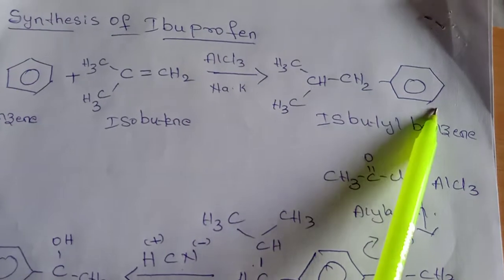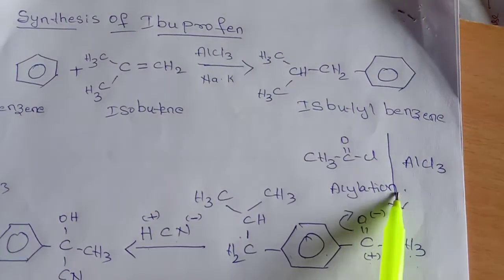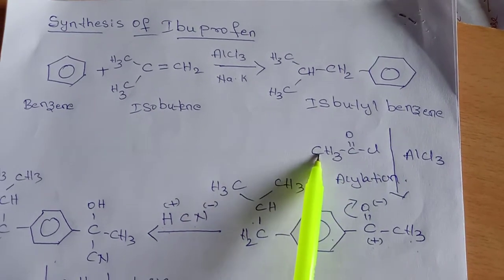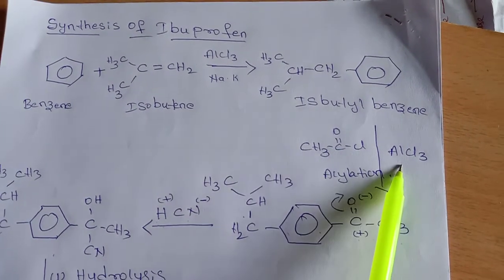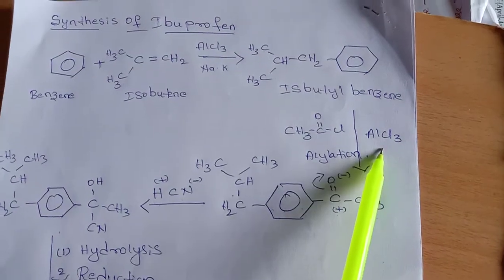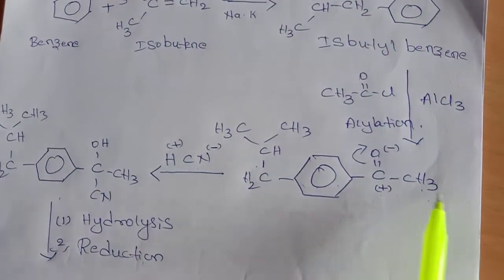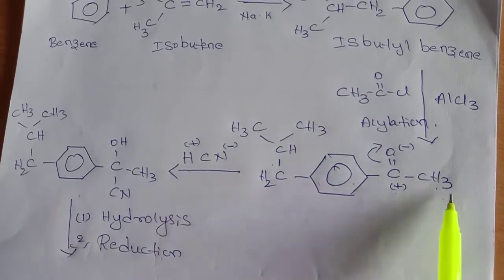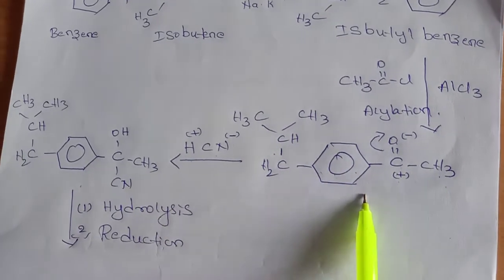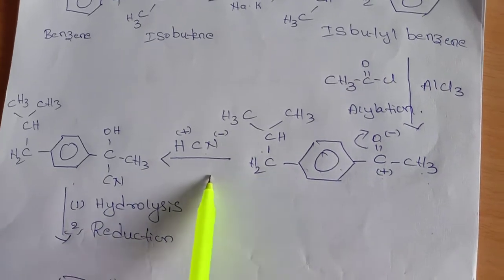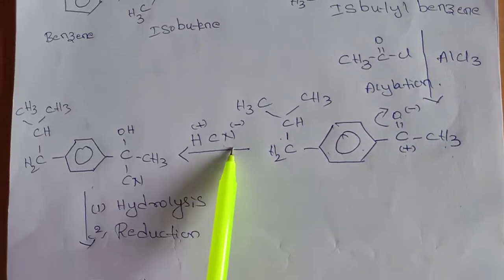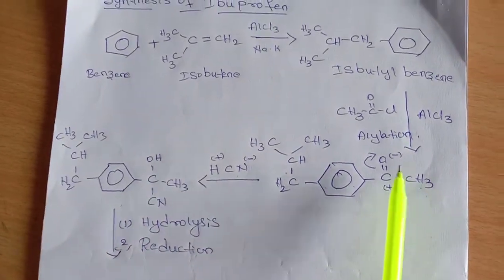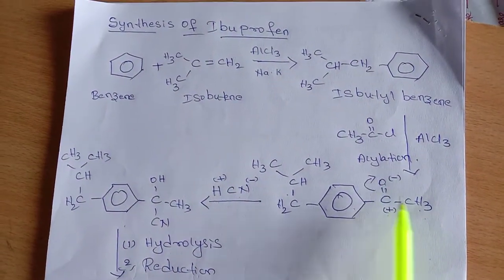This isobutyl benzene, upon Friedel-Crafts acylation in the presence of acetyl chloride and AlCl3, which is a Lewis acid, gives isobutyl acetophenone. To this isobutyl acetophenone, we treat with hydrogen cyanide, and this reagent is added to the carbonyl group.